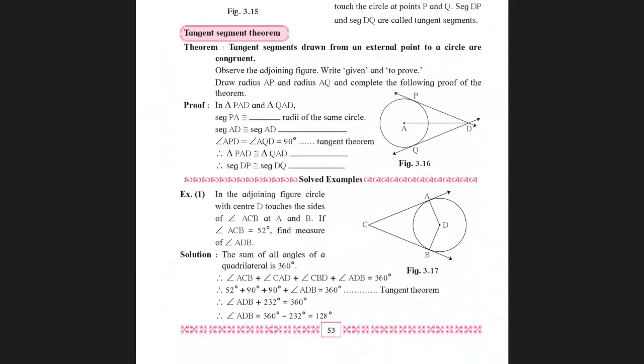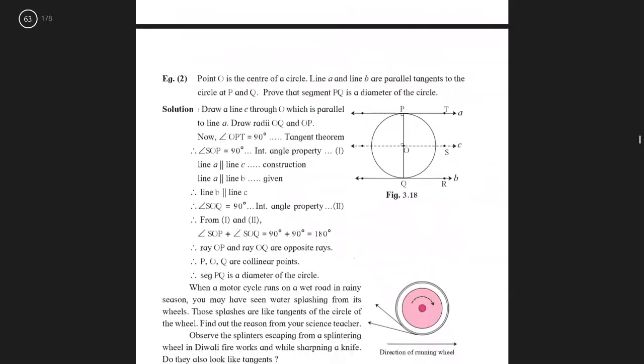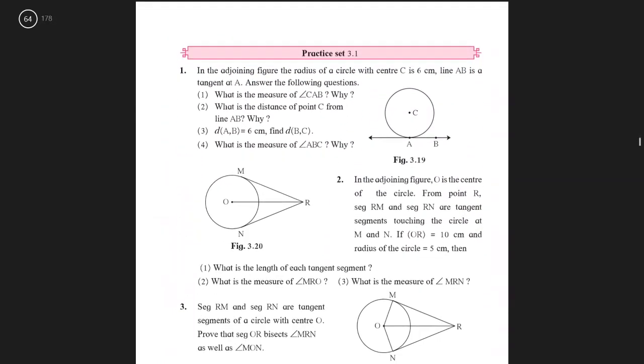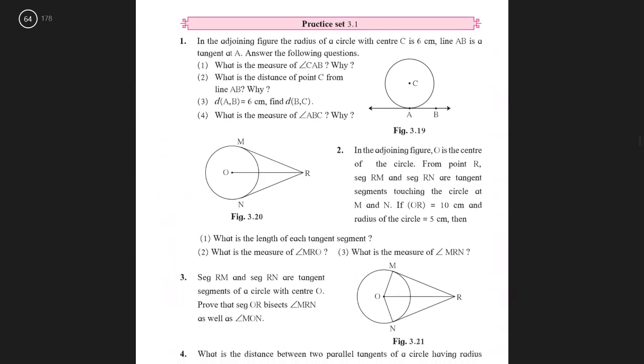Okay. So for the tangent segment theorem, you need to write given, to prove, construction, proof, and the figure. After this is done, you can start with exercise 3.1. Children, I hope it is clear what you need to write before we start with the exercise.